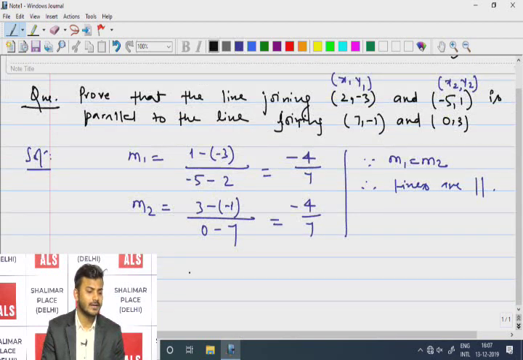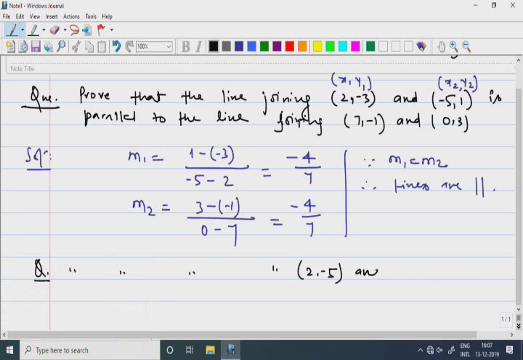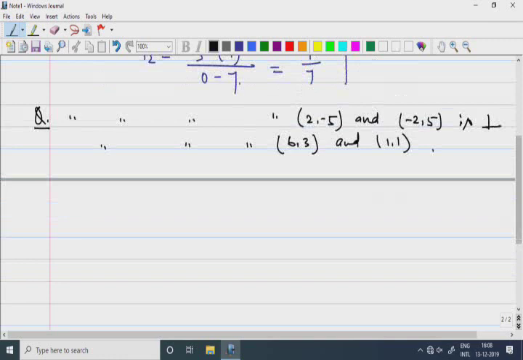Prove that the line joining points 2 comma minus 5 and minus 2 comma 5 is perpendicular to the line joining points 6 comma 3 and 1 comma 1. Okay. So what you have to prove is that m1 into m2 gives you minus 1.